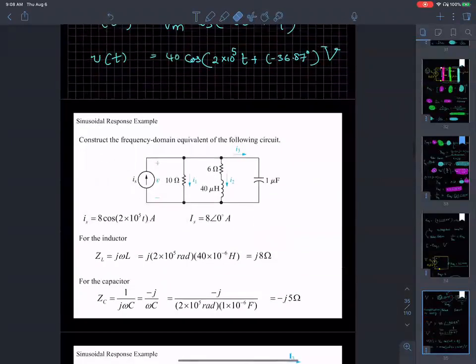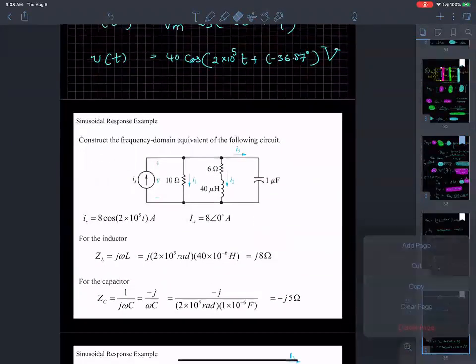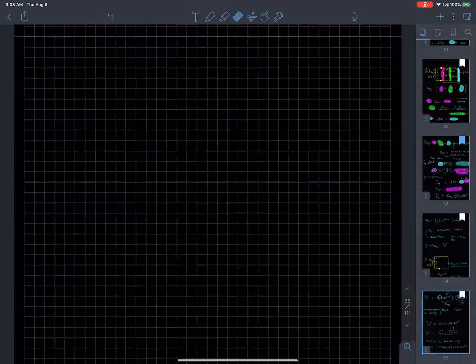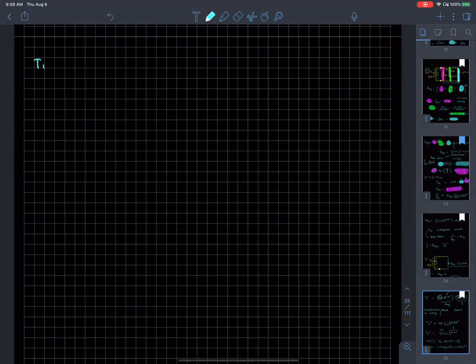I'll say this one more time. Let me write it out clearly here. When you're doing multiple conversions in time domain, rectangular, and polar form, they're all equivalent.